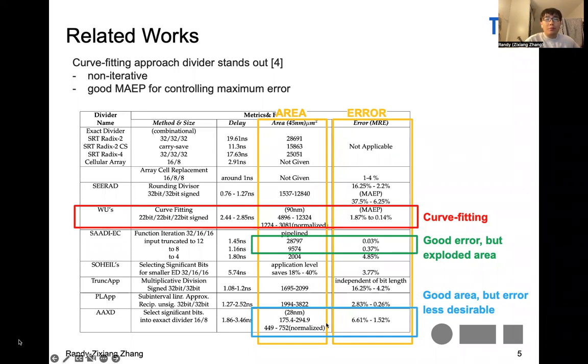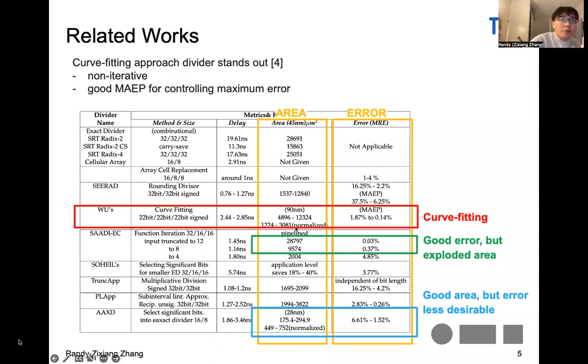And this blue box shows the result of the third type of approximate divider we mentioned. It gives us a good area, but the error is not satisfying.